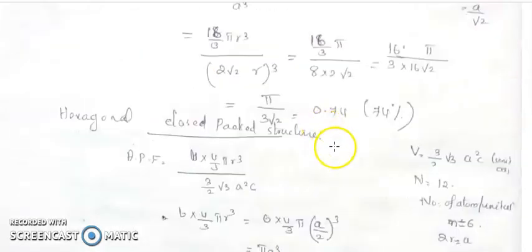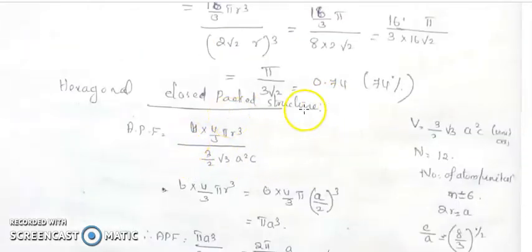Then the next type of closely packed structure is the hexagonal close packed structure. That also you have studied in your degree class, where the atoms are arranged in a hexagonal manner, with atoms at the 6 corners of a hexagon. It is not in the shape of a cubic structure. To find the volume, you can see your degree textbooks.